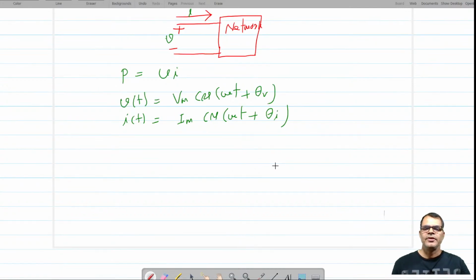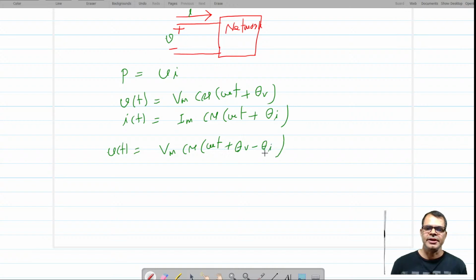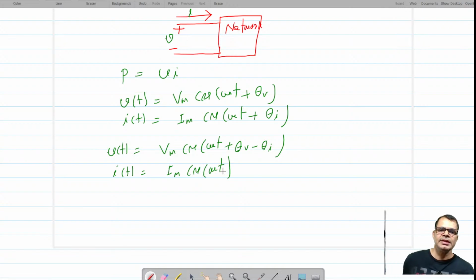For our convenience, we'll shift both voltage and current by theta I. So I can write V(t) is equal to Vm cos(omega t plus theta V minus theta I), and I(t) is equal to Im cos(omega t), because we are shifting right, delaying both the voltage and current by theta I.